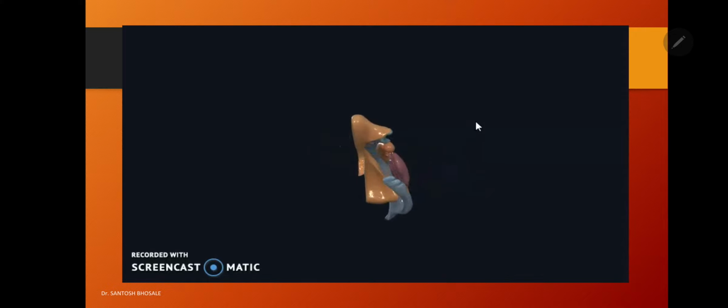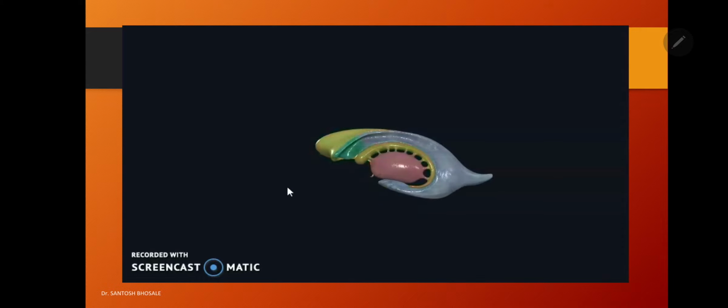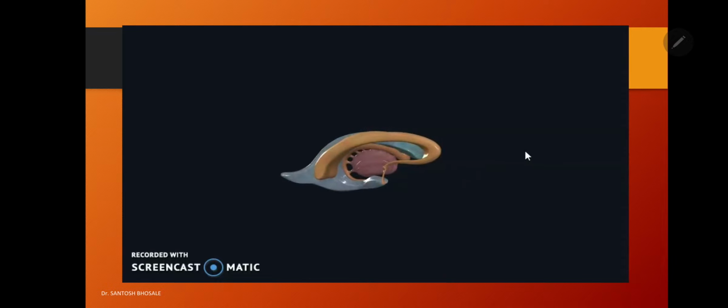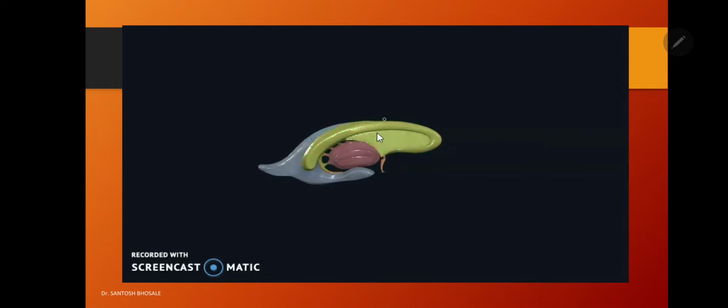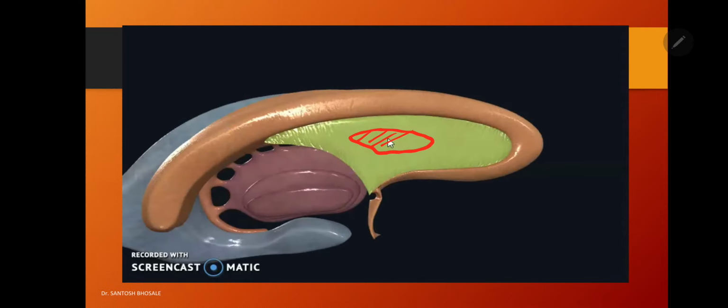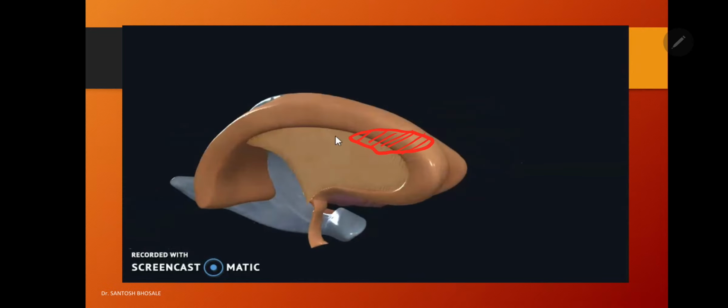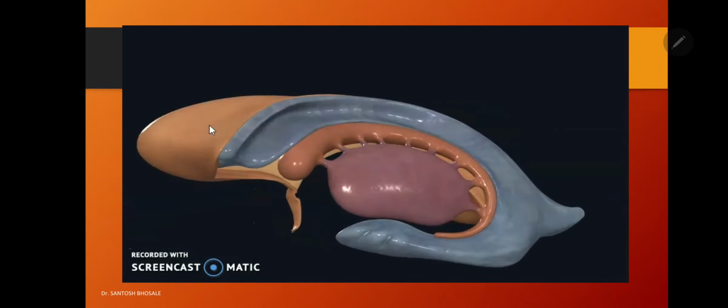The floor on the lateral side is formed by the head of the caudate nucleus there, you can see. So the floor is formed by the rostrum of the corpus callosum, but on the lateral side by the head of the caudate nucleus. And on this side you will see the medial wall. The medial wall is formed by this septum pellucidum, which separates it from the opposite lateral ventricle.